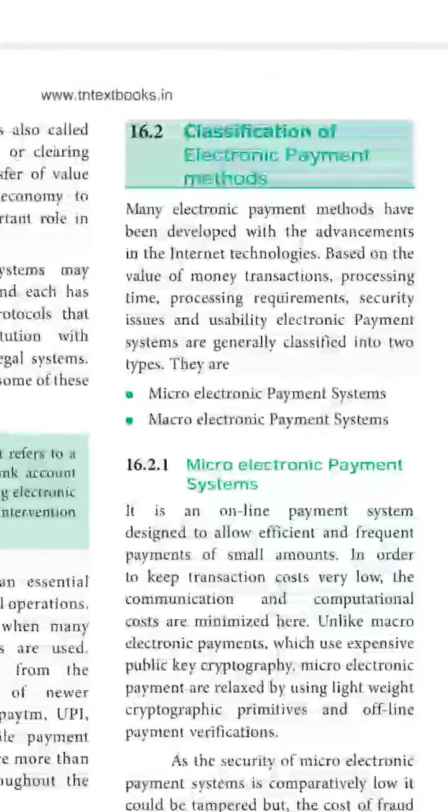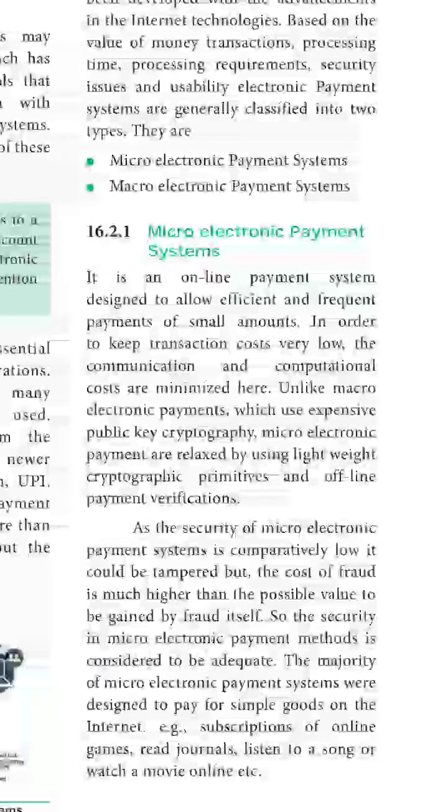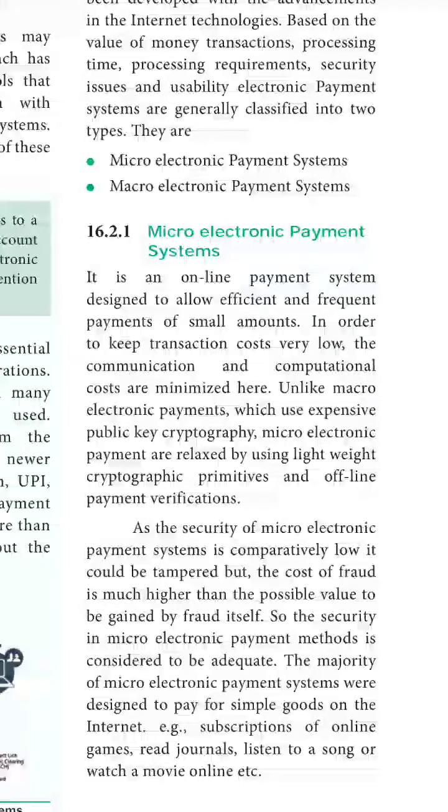So the first thing is we'll see the classification of electronic payment system. There are two types of electronic payment system: microelectronic system and macroelectronic system. So this microelectronic system is an online payment system designed to allow efficient and frequent payment of small amounts. Okay, so if you are making small payments, then you can use this micro electronic payment system.